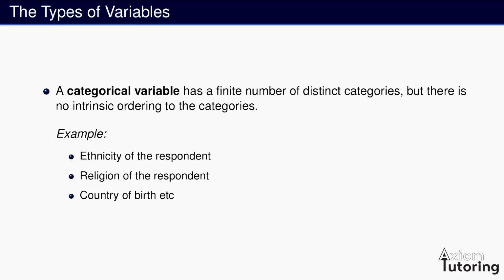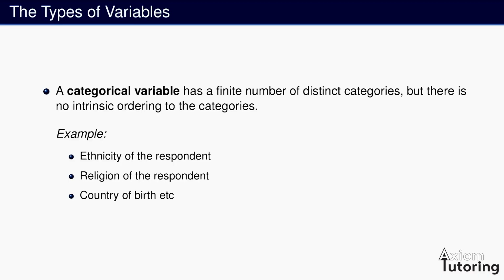The third type of variable that you can come across is known as a categorical variable. And this type of variable has a finite number of distinct categories, but there's no intrinsic ordering to the categories. So if we have in our data set a variable on the ethnicity of the respondent, well, there's no ranking that can be established between the ethnicities.